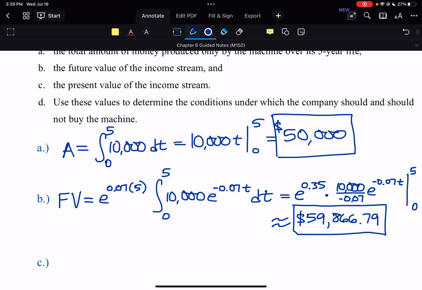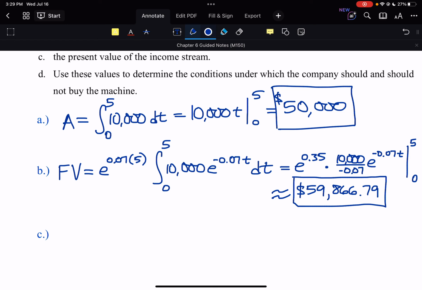Now, for the present value of the income stream, we're asking the question, how much needs to go in now in order to earn this amount? So for present value, it's basically just the integral portion of this.